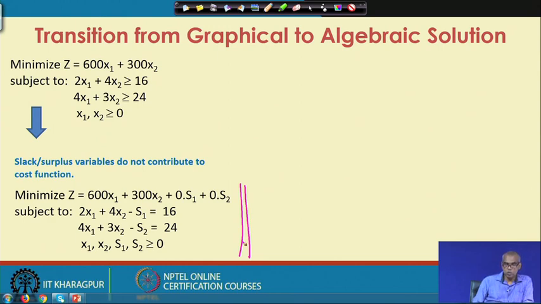Note that x 1, x 2, S 1, S 2 are all non-negative. Also note that when you introduce slack variables or surplus variables, they do not contribute to cost function. So, in the cost function, the slack variables or surplus variables do not appear. That is why I have multiplied S 1 and S 2 by 0 there.